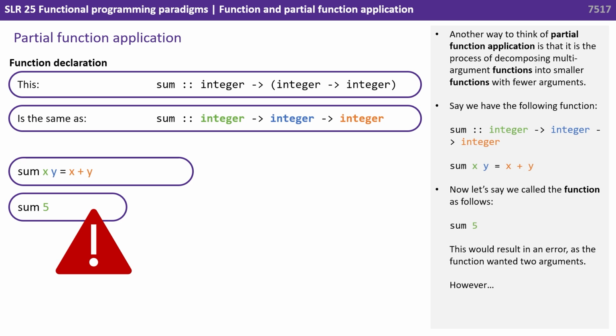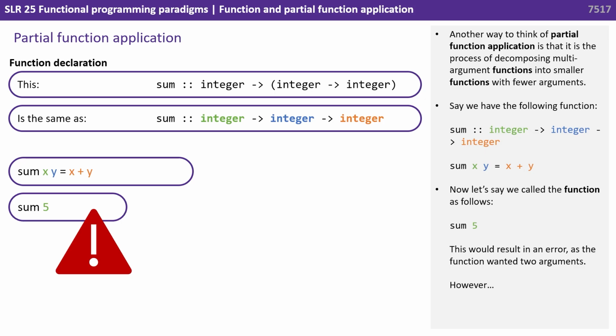So we have the following function, sum integer, integer, integer. And remember, one of those is the return value and 2 are the inputs. Now let's say we call the function as follows, sum 5. Now this would result in an error as the function wanted 2 arguments.